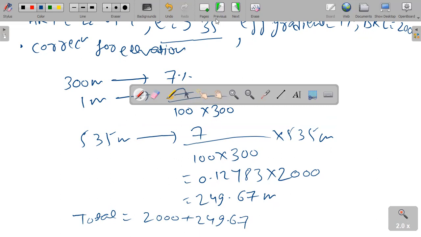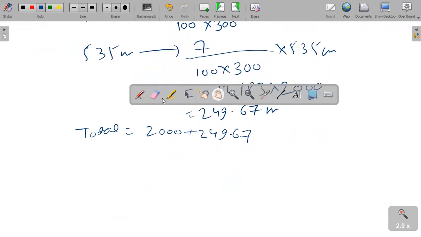Adding it up, we get a value of 2249.67. This is the corrected value after elevation.